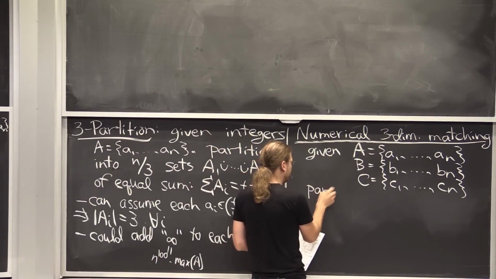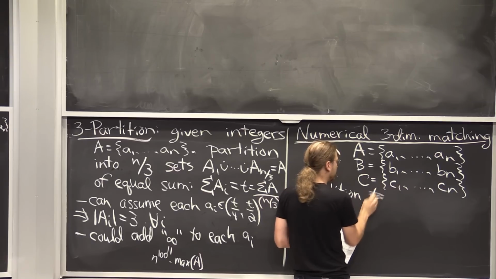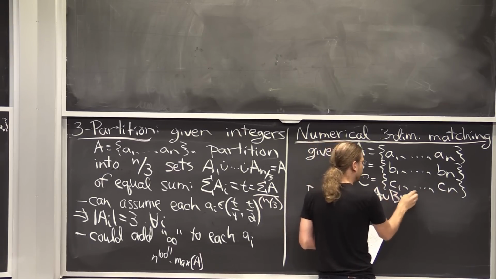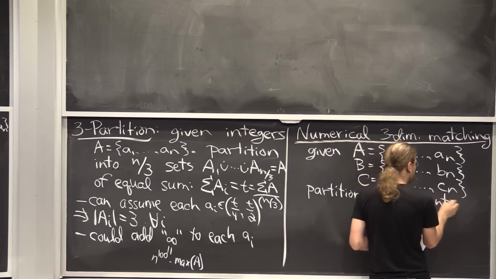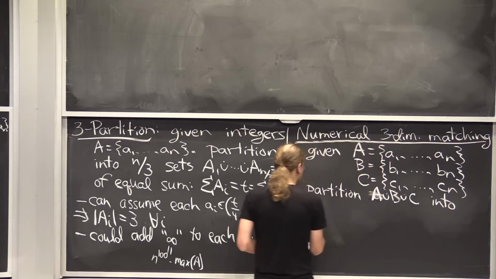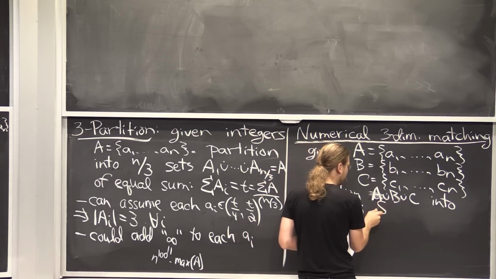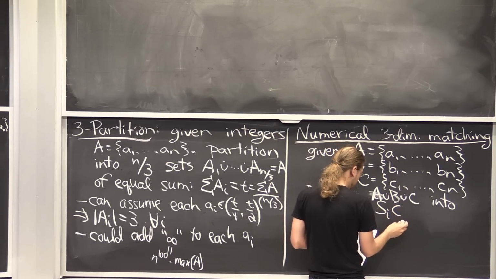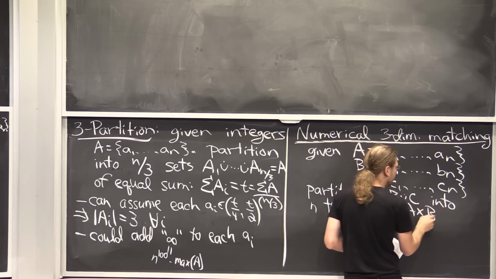Let's say partition the union, I guess this is a disjoint union, into n triples S_i in the cross product A×B×C.